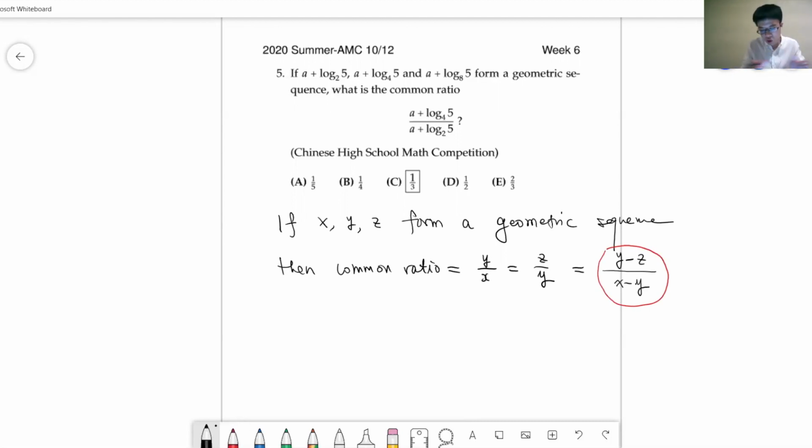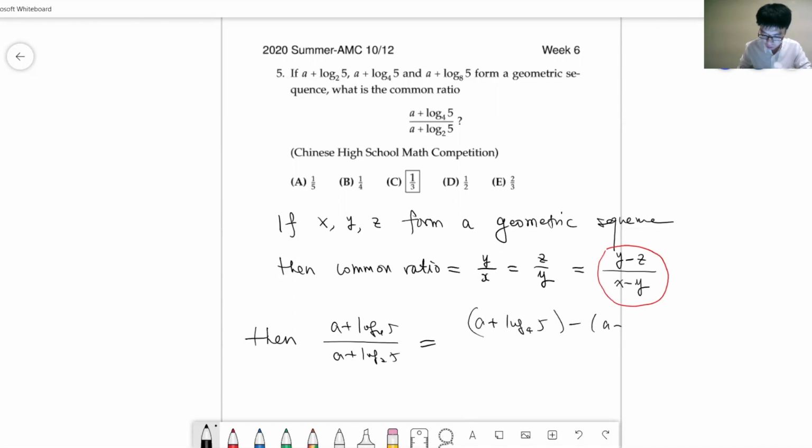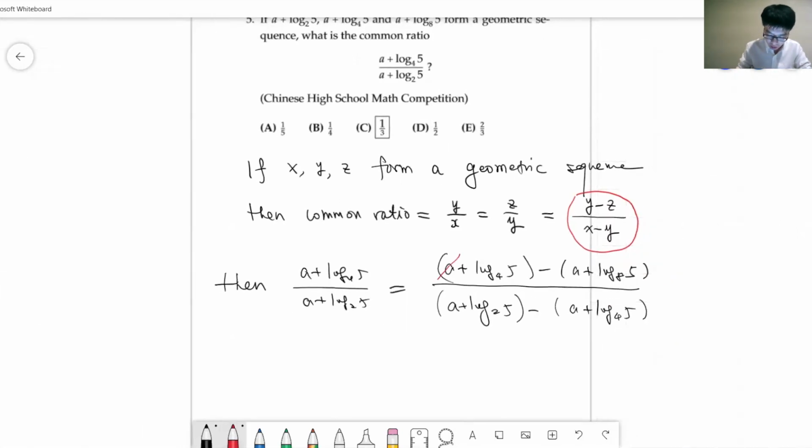So in this way, we can cancel this unknown A. So here we just need to calculate this common ratio, which equals Y minus Z, the second number minus the third number, over the first number minus the second number.